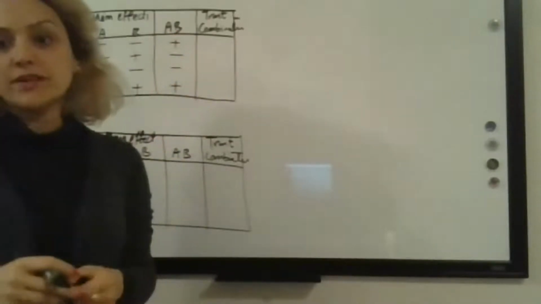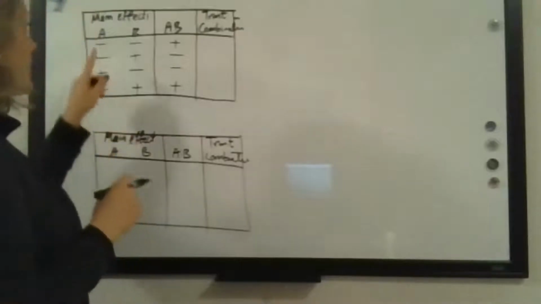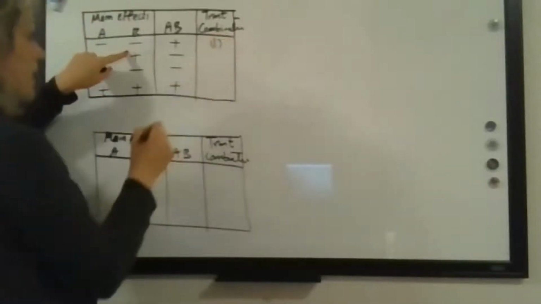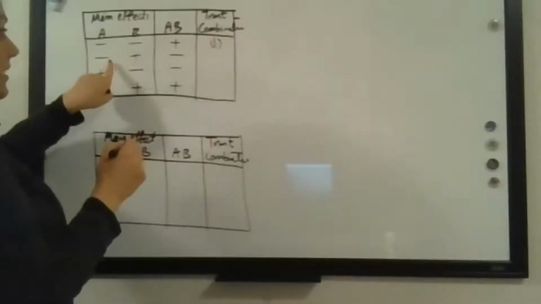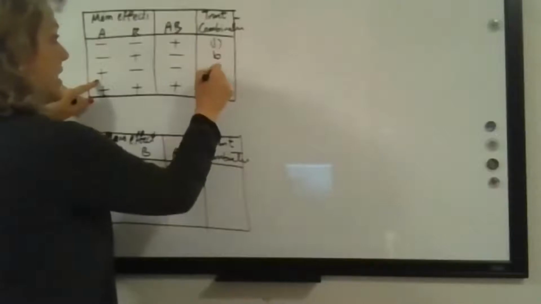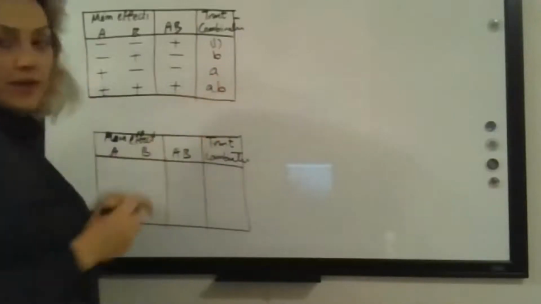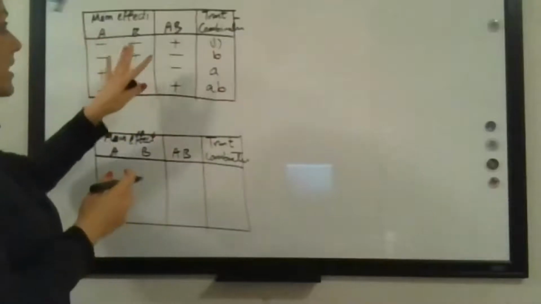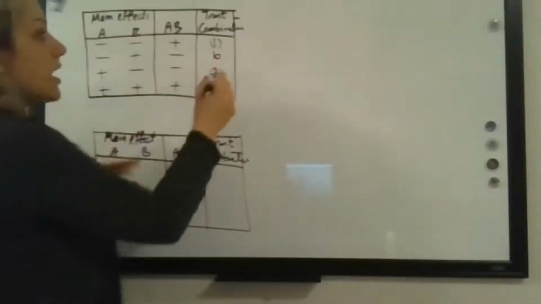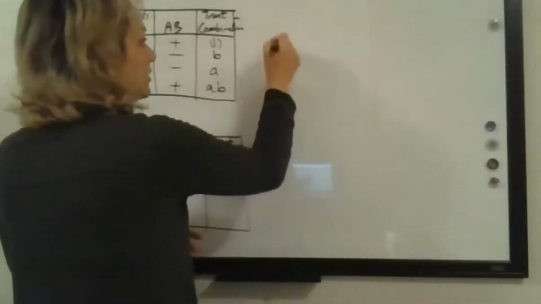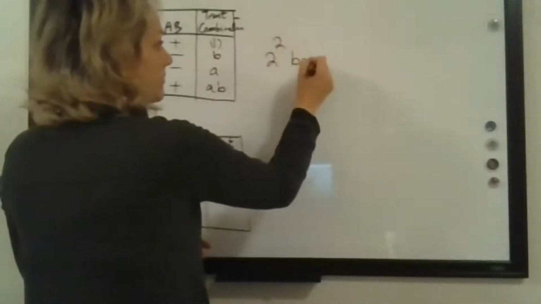And then I would write down the treatment combination. For example, for this one, these two are negative, so it would be 1, right? And then for the negative, positive, I would have b, a, and ab, right? So this is the way that I would have it. So 2 power 2 is my base design.